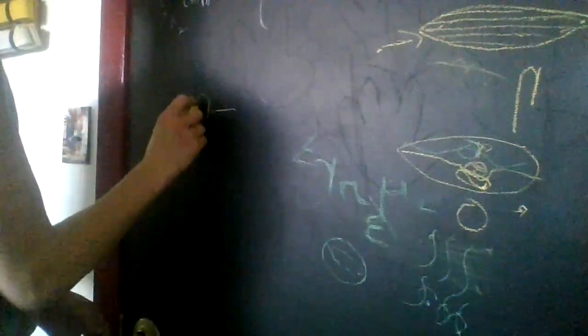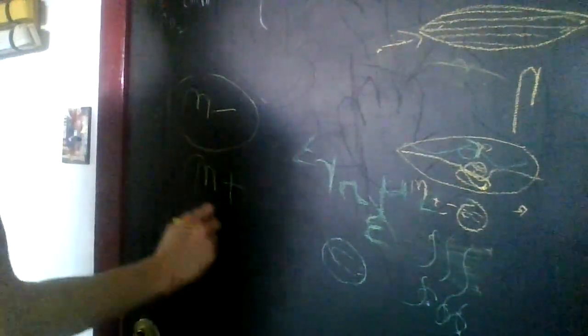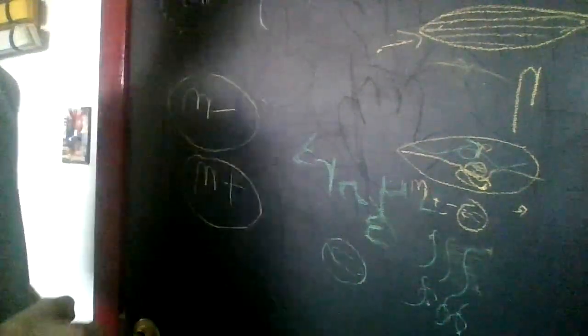So, based off of this, we have negative mass, which means that the ball here equals positive mass. So we have negative mass and positive mass. These are going to be probably the most important things here.